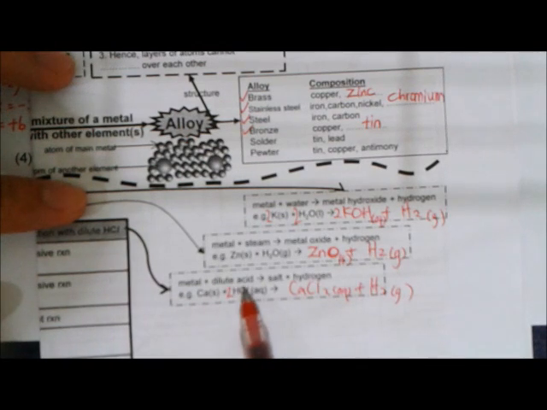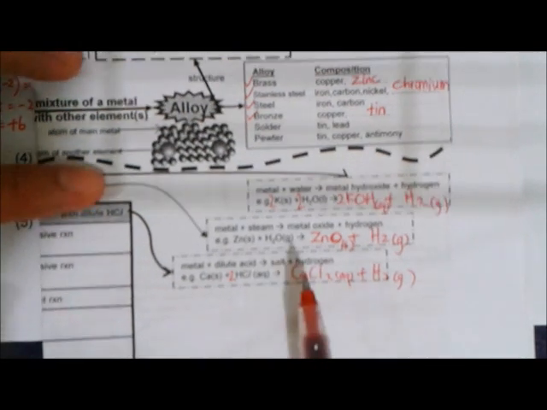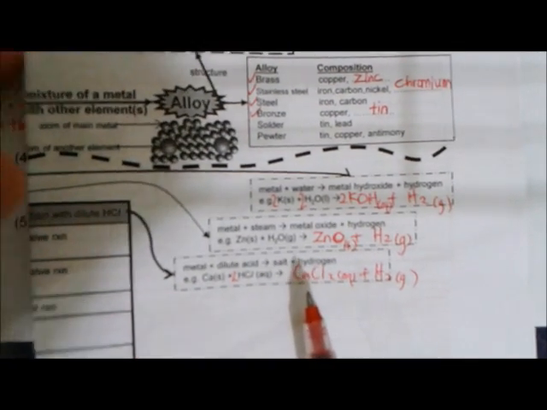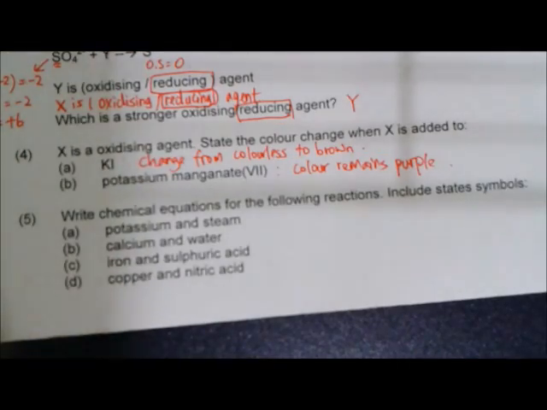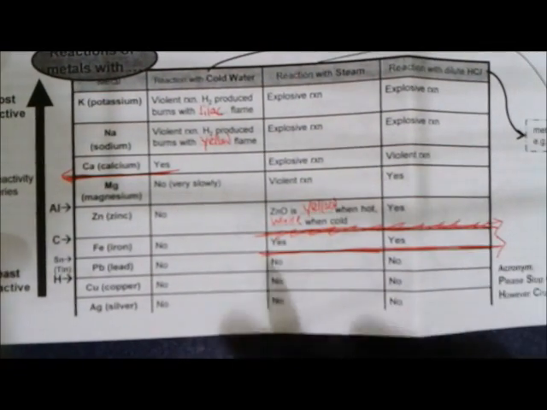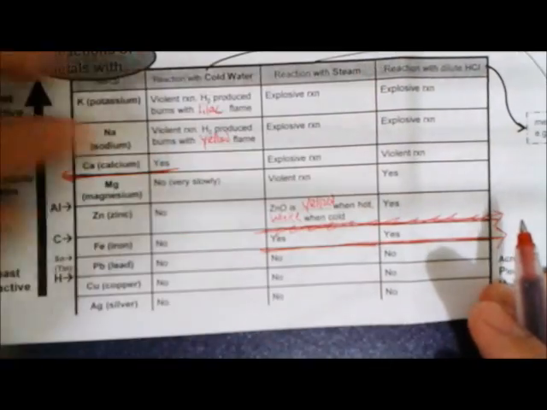Metal and steam, you get metal oxide and hydrogen. Metal and acid, you get salt and hydrogen. And for metals here, there are certain metals that will not react with acid, will not react with steam, or will not react with cold water.